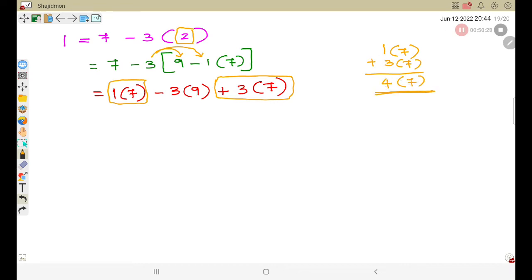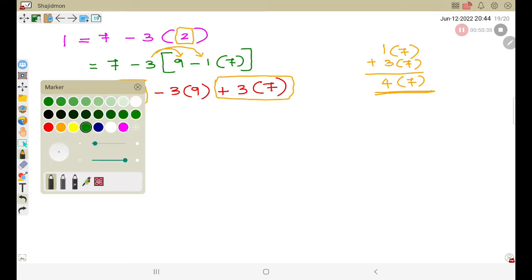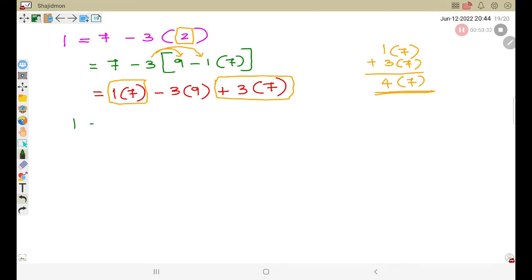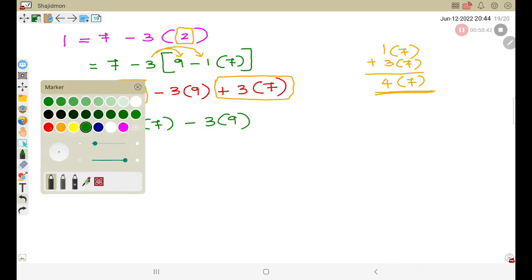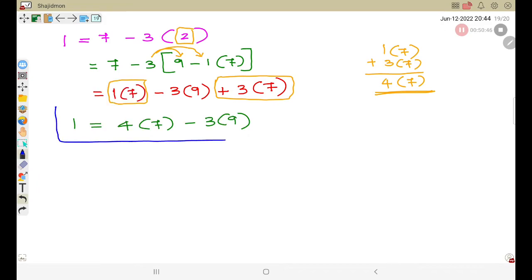So we can write this step: 1 equals 4 multiply 7 minus 3 multiply 9. Just note this step. This is the linear combination step.